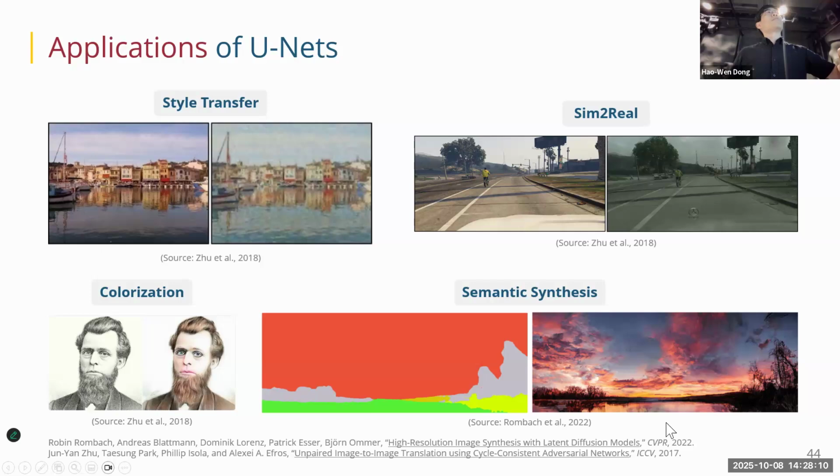So this is like 20 seconds. You can see that it's doing very well. A more impactful field is sim to real, where you grab something like a GTA scene and turn it into realistic-ish footage.